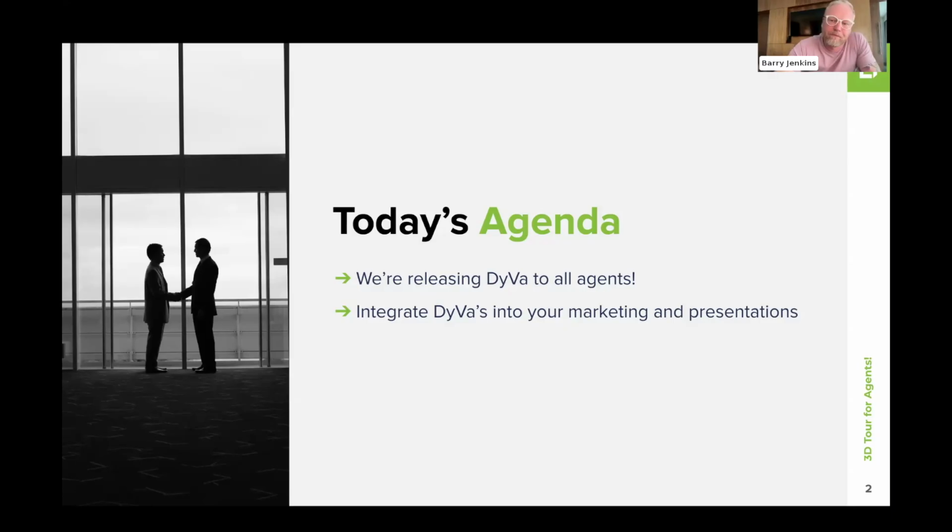The second thing we've done is integrate dynamic video ads, Diva, into your marketing and presentations seamlessly, so that when these ads are run, you have the proof point to show your seller that you're marketing their listing at the highest level, and to all future sellers that you bring sophisticated marketing into the mix in terms of your marketing strategy. And all of that takes you less than 5 minutes to set up. That's what's great about it.